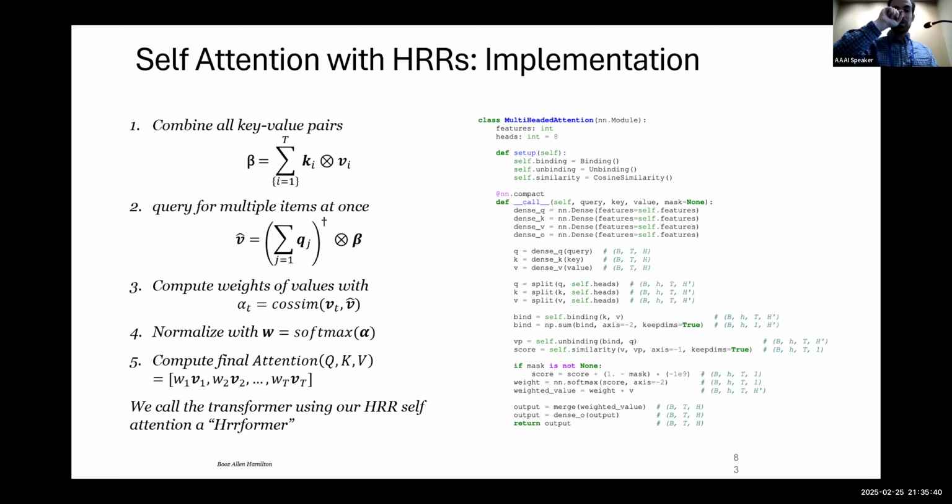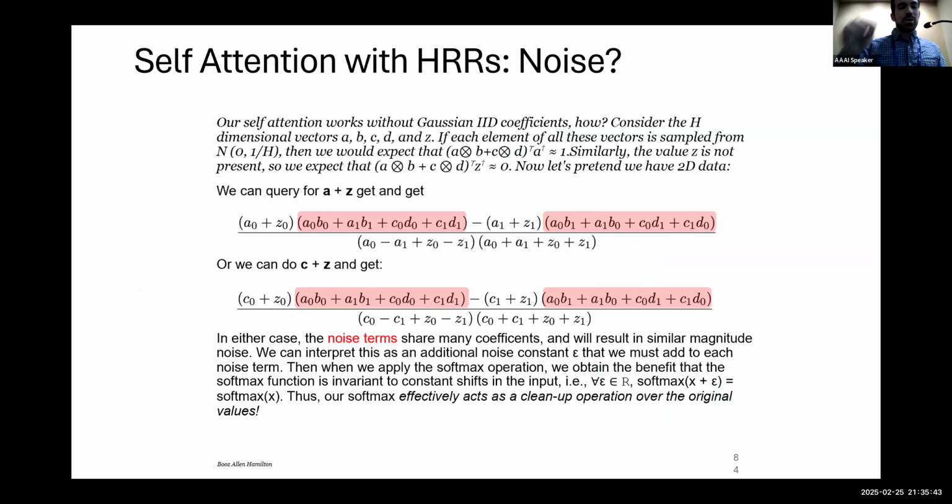So why would this work? Well, when we write out what's happening, we end up with two noise terms that, regardless of what you're querying, are of approximately the same magnitude. And the softmax is a function that is invariant to transformations by a constant value.